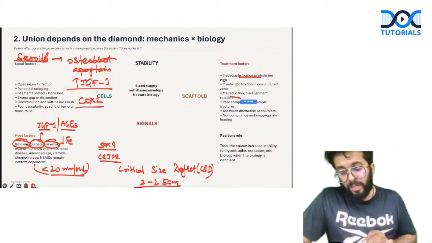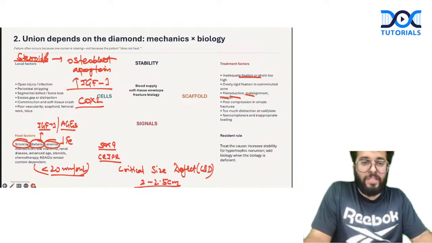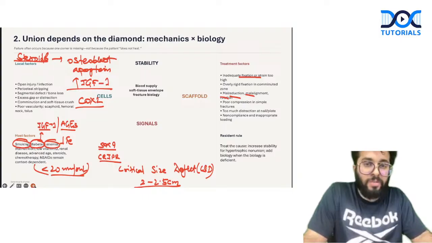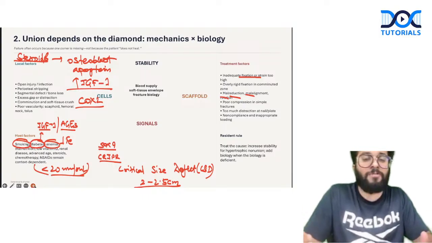Then malreduction. While you are fixing any fracture, say subtrochanteric femur or intertrochanteric femur fractures, try to achieve reduction first. The nail does not do reduction for you. Achieve reduction first, look with the help of a C-arm, and then fix the fracture.